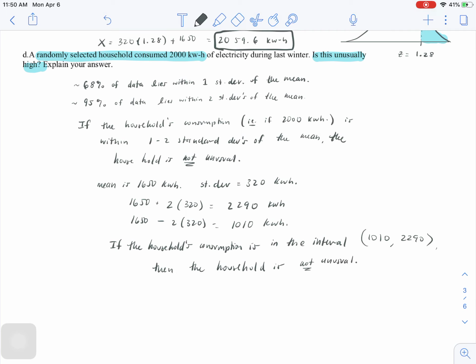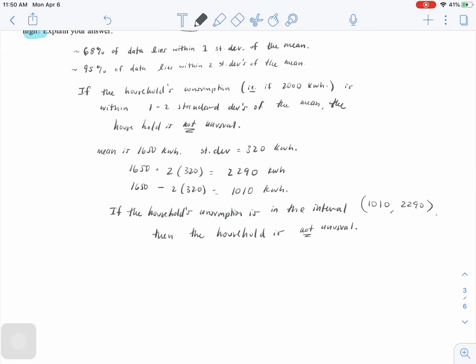So let's take a look. Our household consumed 2,000 kilowatt hours of energy. 2,000 kilowatt hours is between 1,010 and 2,290, so it is in the interval. So this household is not unusual.